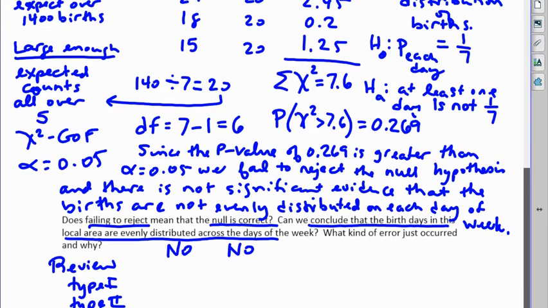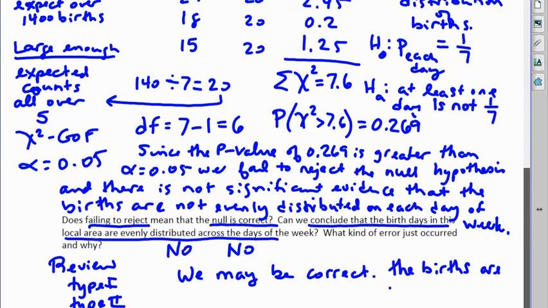Now, we may be correct, and that would be the births are evenly distributed.